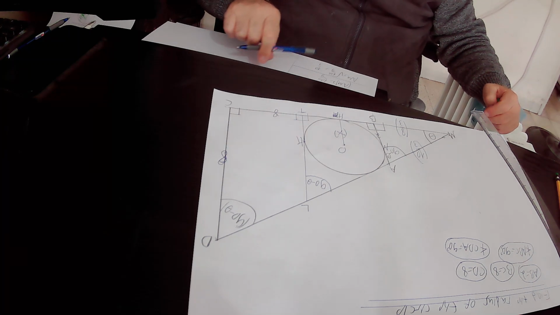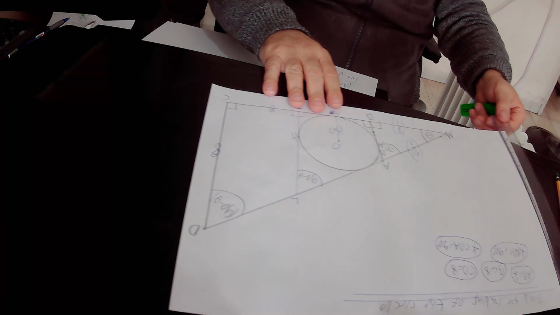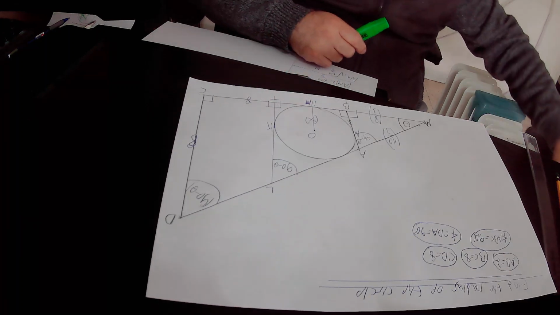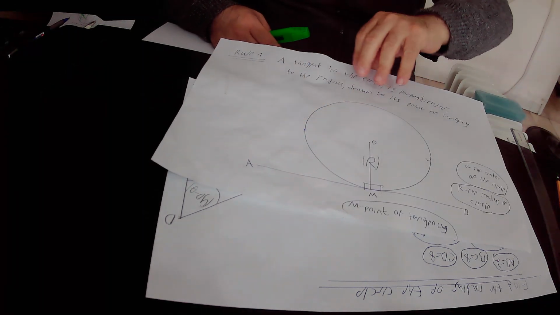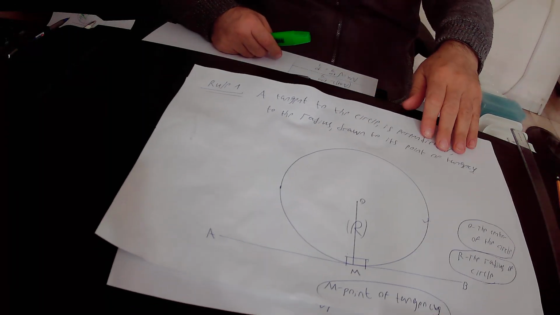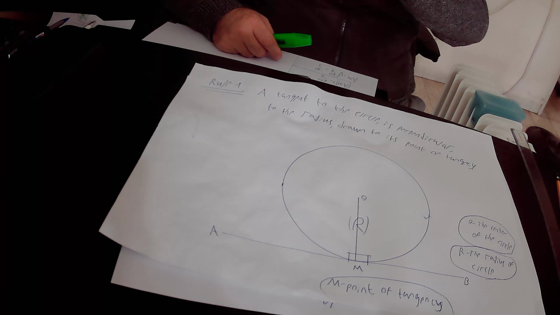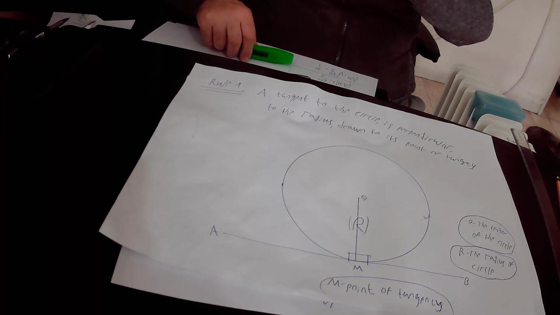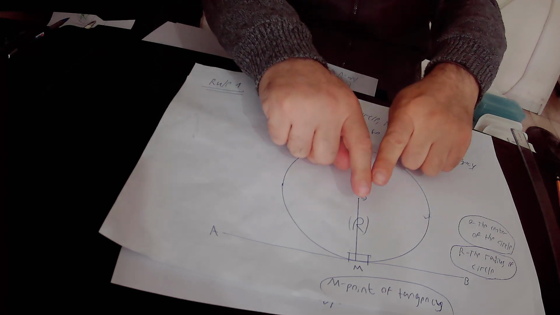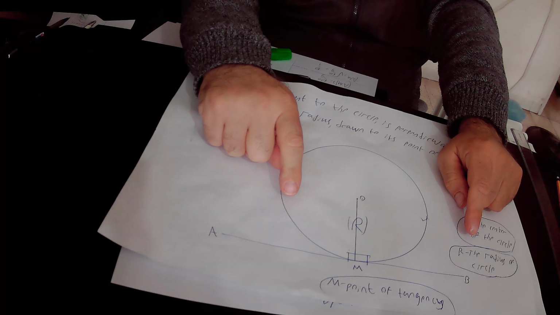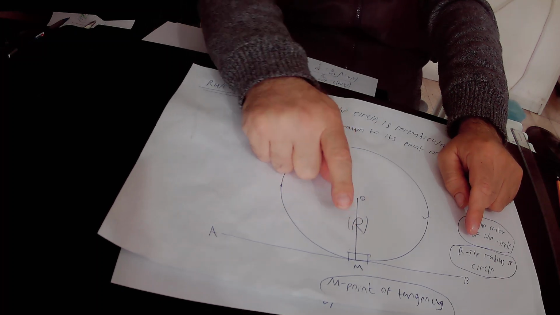You can implement here rule 1, so let's repeat quickly on rule 1. According to rule 1, a tangent to the circle is perpendicular to the radius drawn to its point of tangency. In the drawing, we have a circle, and we also have tangent AB, that is tangent to this circle at point M. Point M is the point of tangency.